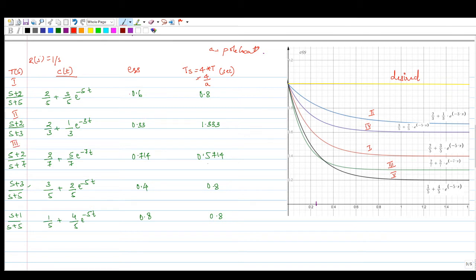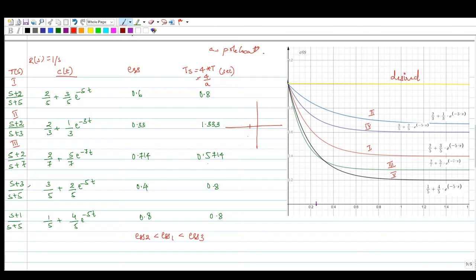First we will understand the steady state error. The steady state error of system number 2, that is ESS2, is less than ESS1, which is less than ESS3. If I plot this curve, this is the S plane.